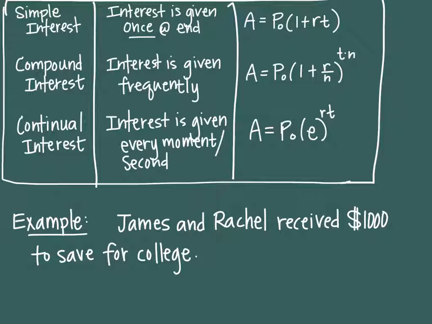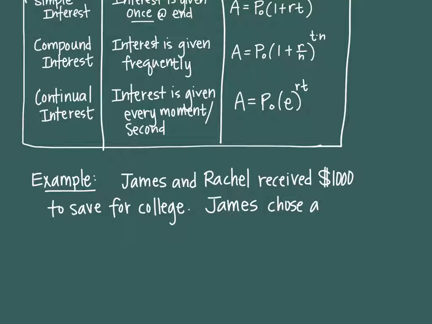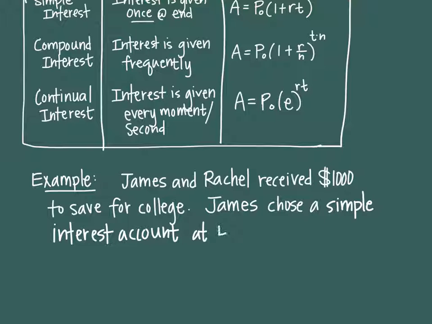All right, now James, he decided to take the simple route. James chose a simple interest account at 4% for 4 years. So it's 4 years of high school. So now he's getting ready to graduate, and he wants to know how much money is sitting in that account.